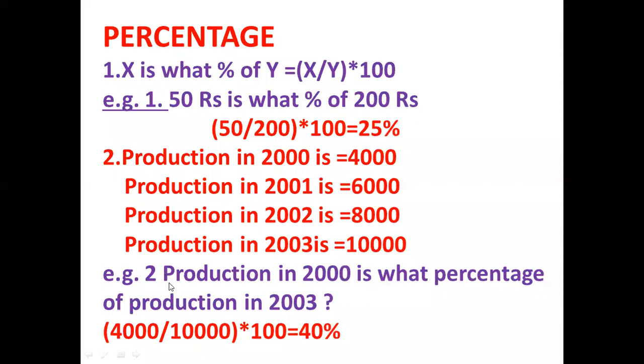If instead of production in 2000, I write X, X is what percentage of Y. So X is production in 2000, that is 4000. And what is Y? Production in 2003, 10,000. That comes out to be 4000 divided by 10,000 into 100. So we are using the same formula: X is what percentage of Y. The only method of asking is different.